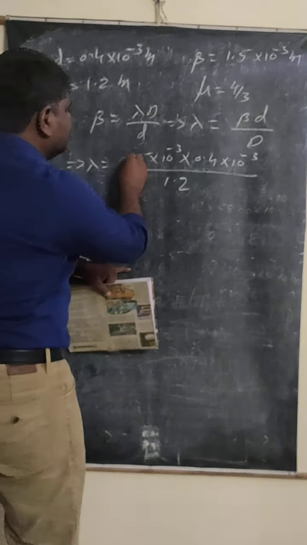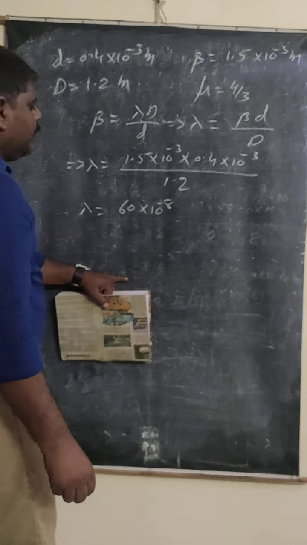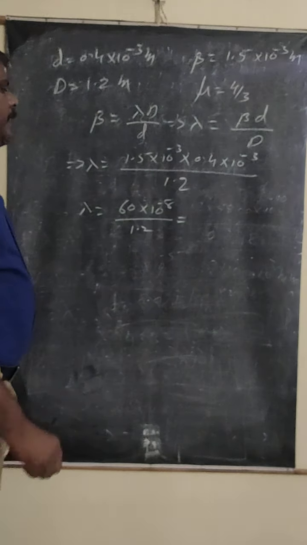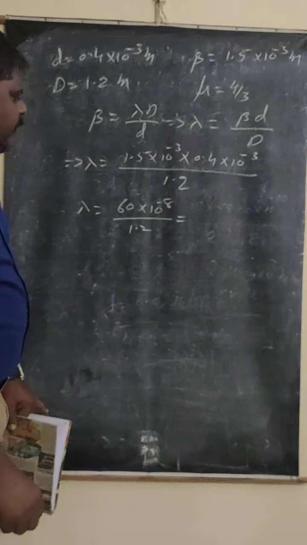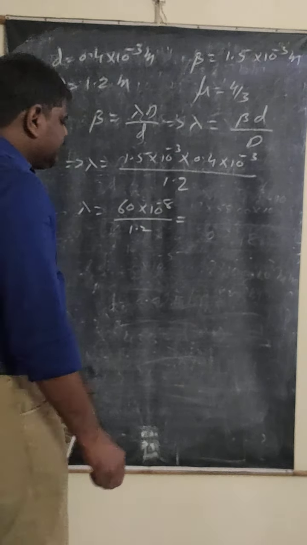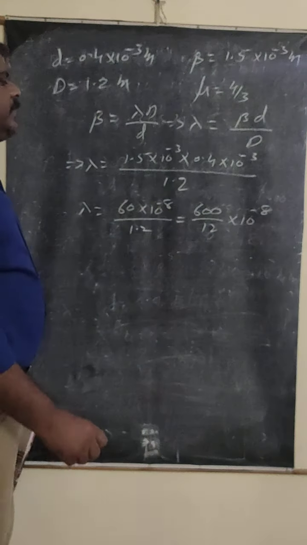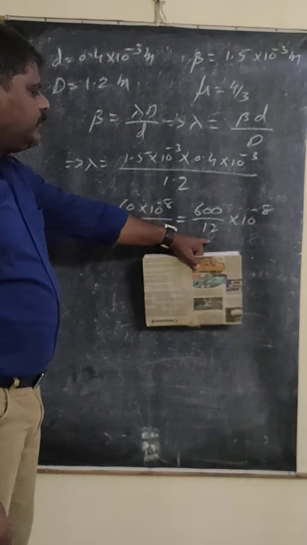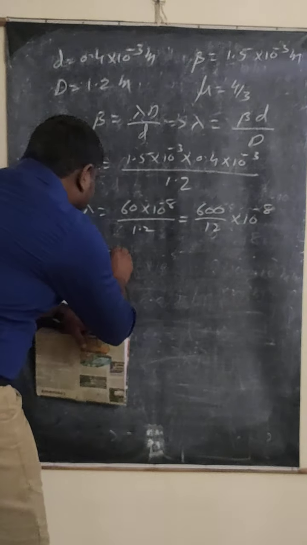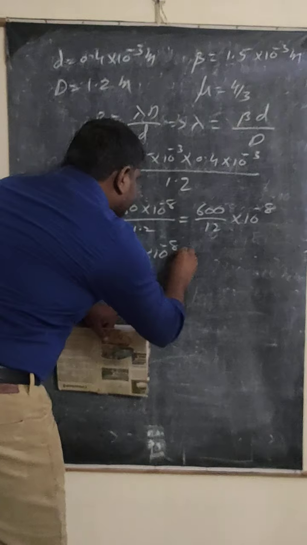So lambda = 60 × 10^-8 / 1.2, which becomes 600 / 12 × 10^-8. 600 by 12 is 50, so lambda = 50 × 10^-8 meters.